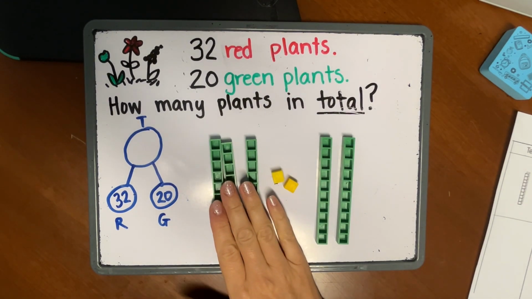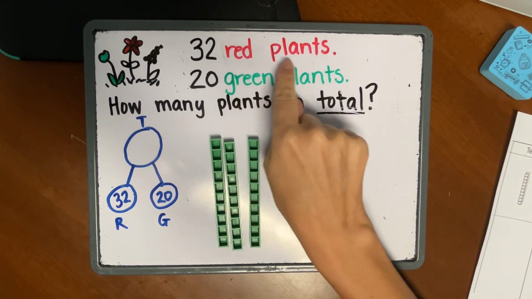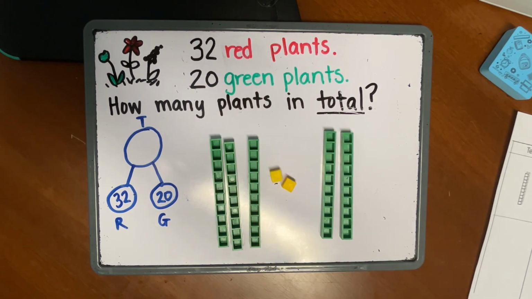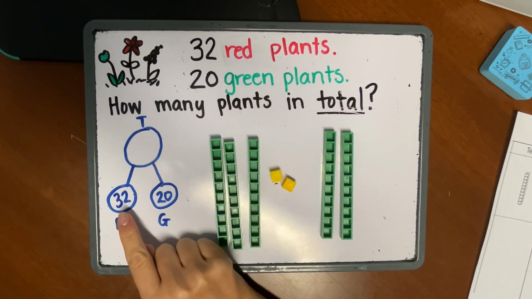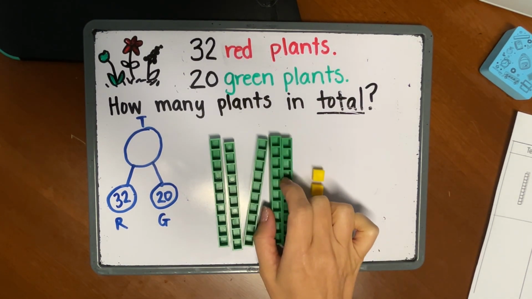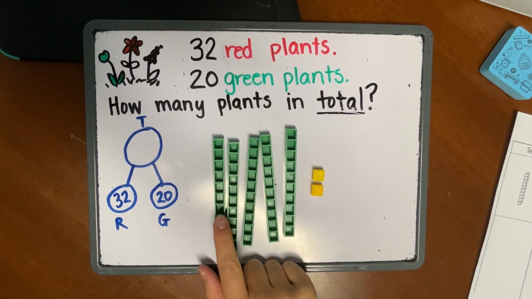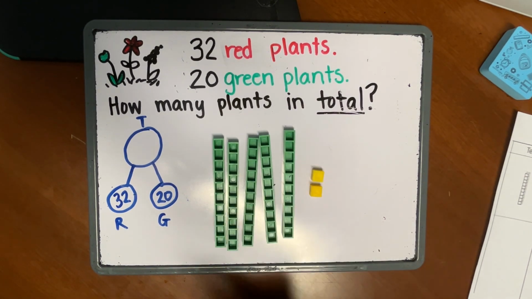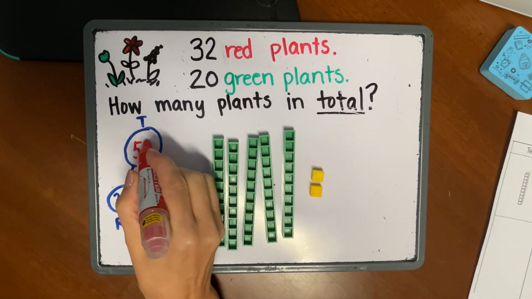Did you get out 32 for the red plants and 2 10s or 20 for the green plants? I can see that I have 32 red and 20 green. When I put them together, I have 10, 20, 30, 40, 50, and 2. I got 52. Is that what you got?